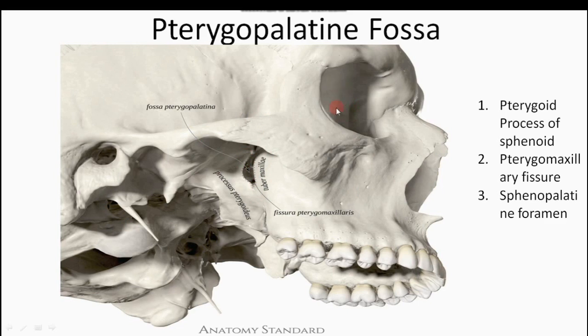Your second way of approach to the pterygopalatine fossa: see, this is an orbit. I've shown you the apex of the infraorbital fissure. This pterygopalatine fossa is present just below the apex of the infraorbital fissure.